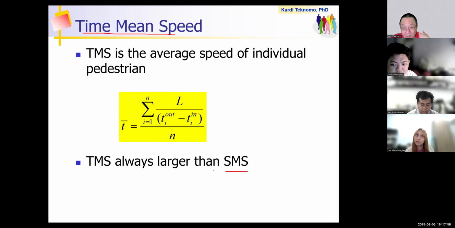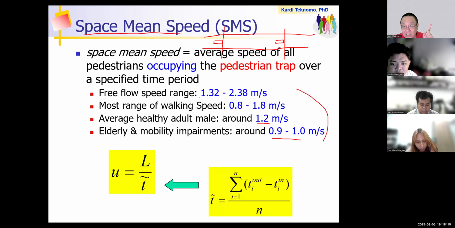So be careful. If you are not familiar, usually you get the speed from a speed gun, like the police. That is not what we use in traffic flow. In traffic flow, what we use is space mean speed, not time mean speed. Remember.